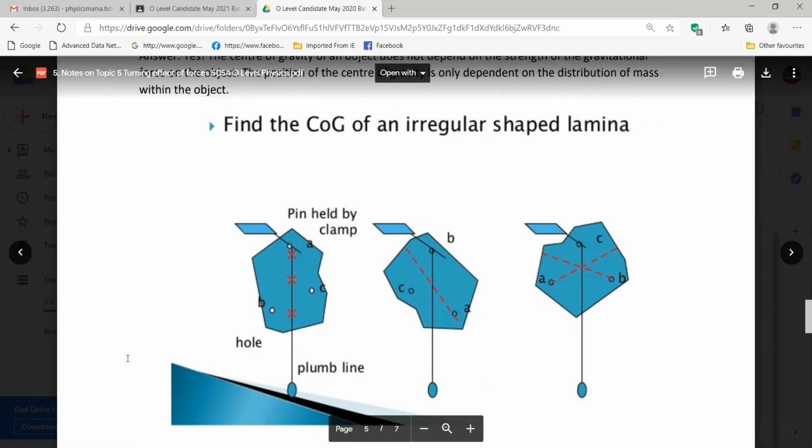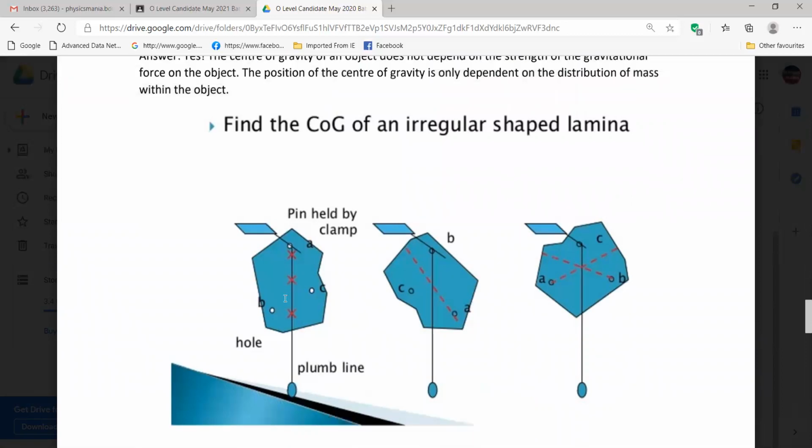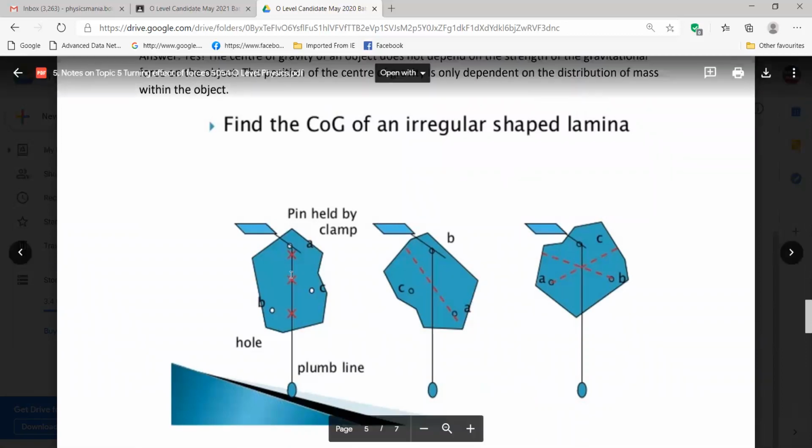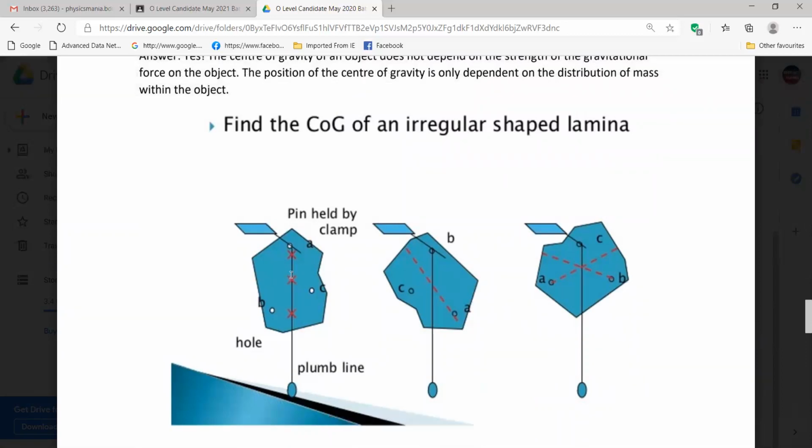We show the technique here. First, you make three holes at three points of the paper. It is a hard, thick paper. Then you hang the lamina from the first point, from the top.